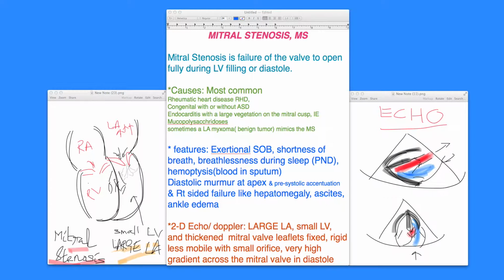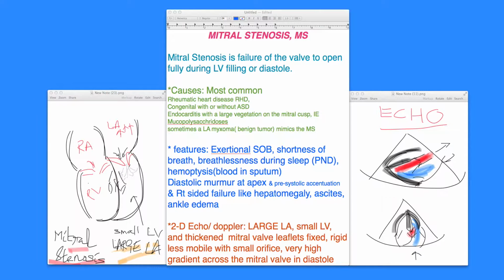So what's happening? You have a higher gradient between the left atrium and the left ventricle during diastole. Now remember, systole and diastole are always in reference to the ventricles. So during the filling time, the left atrium is trying to send blood into the left ventricle, not so successfully, unfortunately, and therefore all these small little arrows that I've shown produce turbulence across the mitral valve.